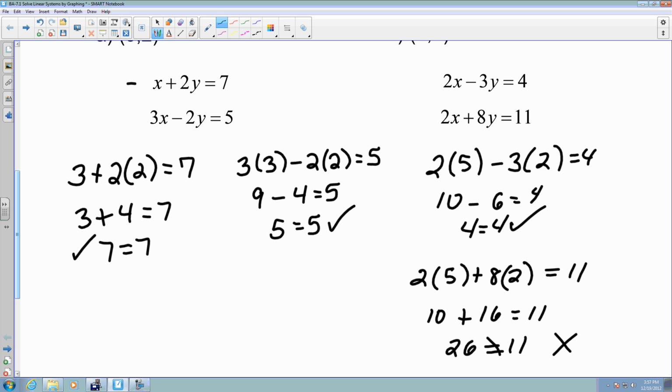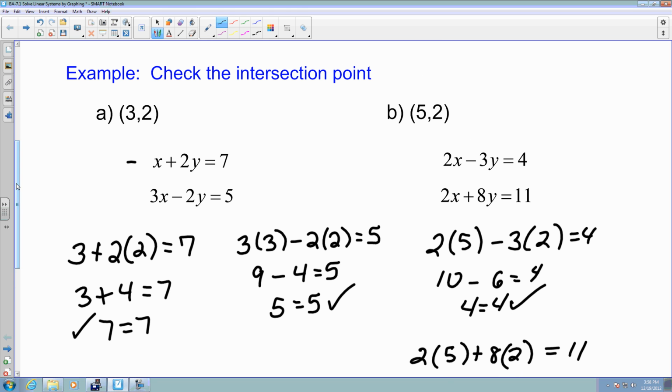So even though the first equation held as a true statement, it did not hold up for the second one. That means that the intersection point for example B is not (5, 2). It's something else. And that's the first portion of getting started in solving systems of linear equations.